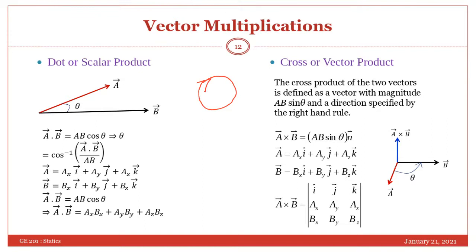According to this cyclic rule, this is I, this is J, this is K. When you multiply I cross J, your answer will be K. When you multiply K cross I, it will be J. So when you are along the cycle, clockwise, then when you multiply the two unit vectors, the answer will be the third one with positive sign.